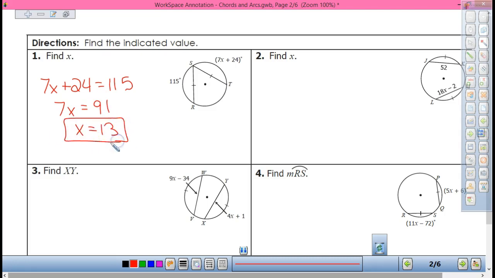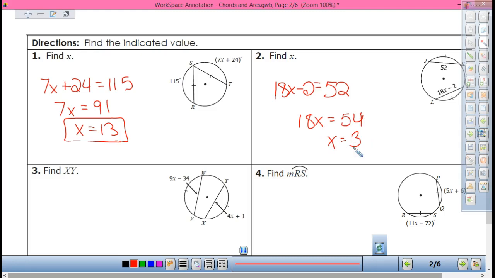Boom. Okay, nothing big, right? Okay, over here, my arcs are congruent, so what do I know about my chords? They're also congruent. So 18x minus 2 equals 52. 18x equals 54, and x is 3.